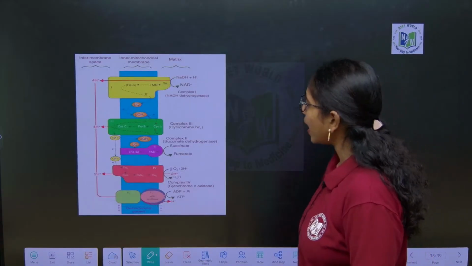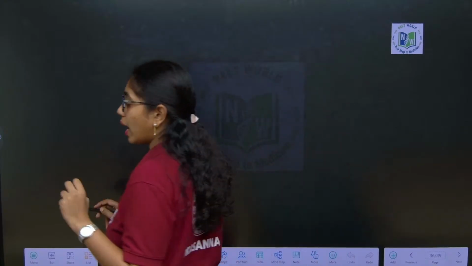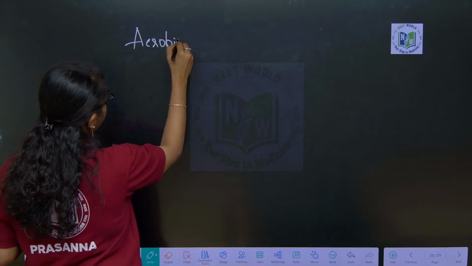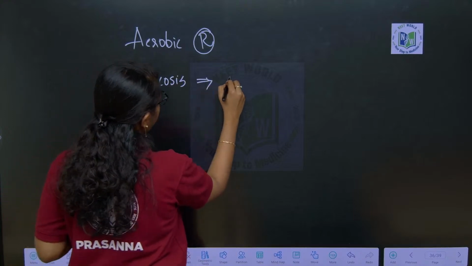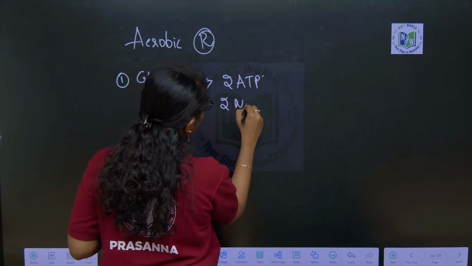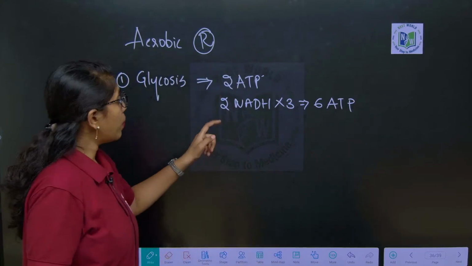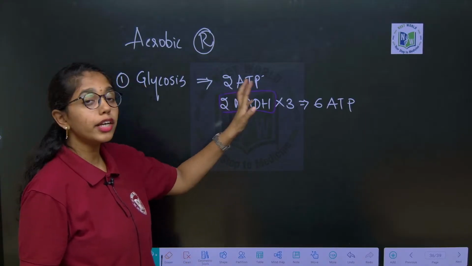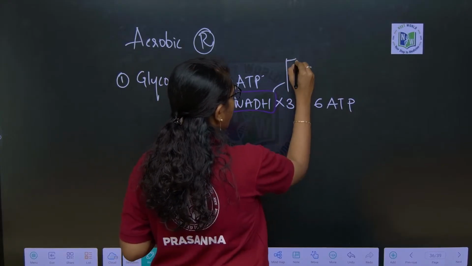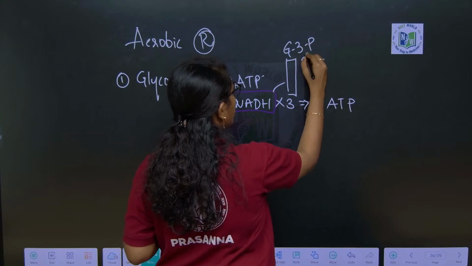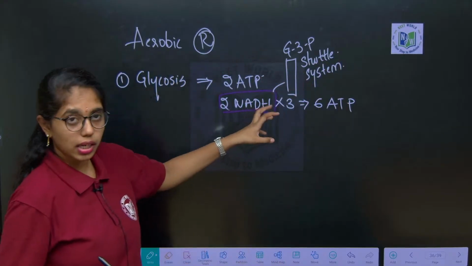If we have to calculate the energetics of aerobic respiration, first is glycolysis, where the net ATP is 2 ATP and 2 NADH are released at the 6th step, which is 2 into 3, that is 6 ATP in total. But for this NADH to be transported into the mitochondrial matrix, for 1 NADH 1 ATP molecule is utilized by the glyceraldehyde 3-phosphate shuttle system.